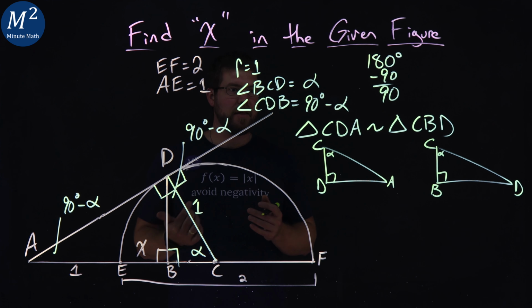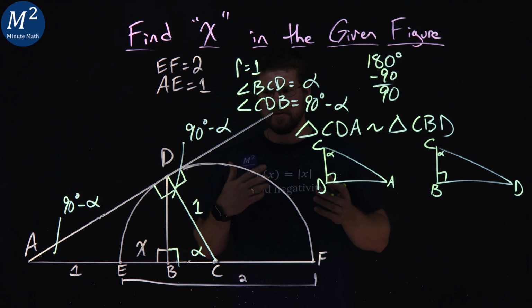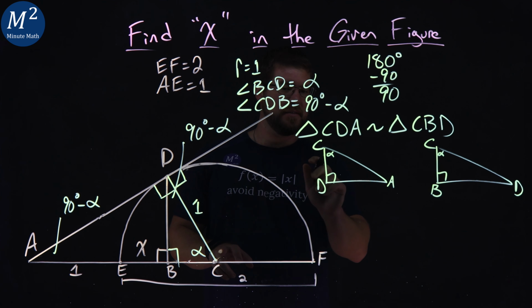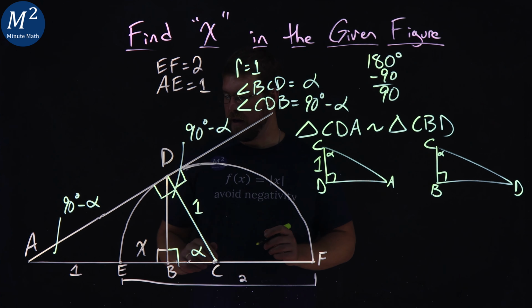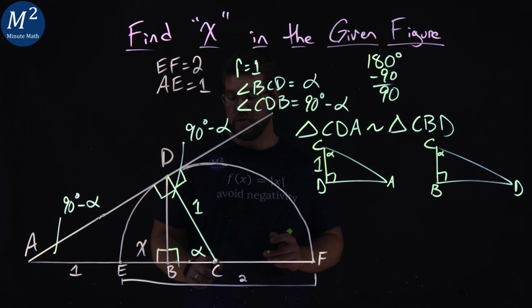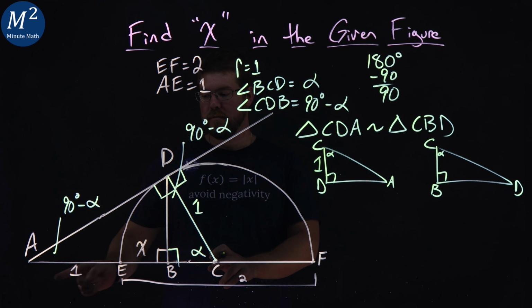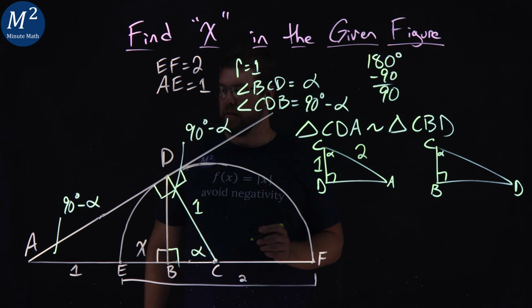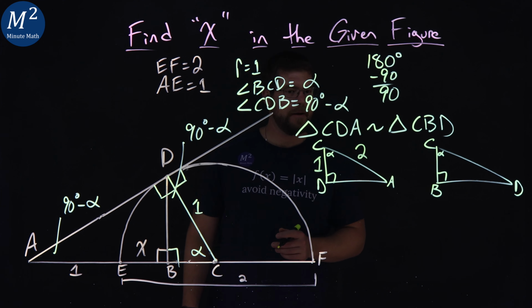With that, we know these side lengths are going to be proportionate. So let's put what we know here. DC has a length of 1. AC has a length of 2, since the radius is 1, plus 1 here for AE, so CA is the length of 2, okay?